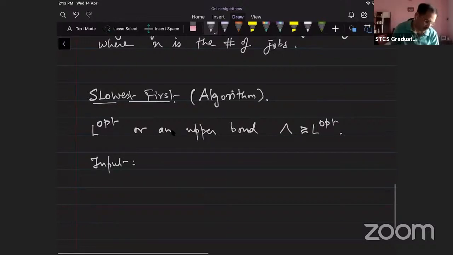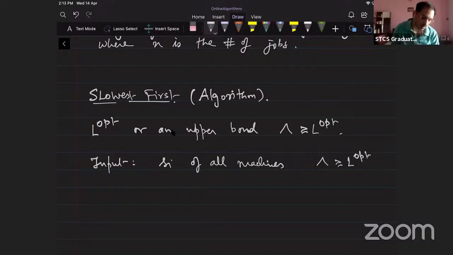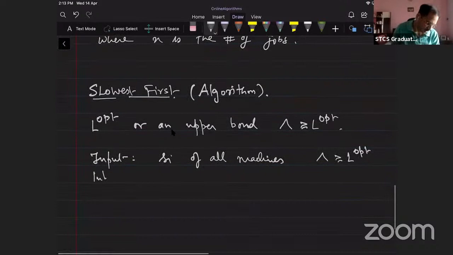So here is an algorithm. Input is the speeds Si of all machines, and delta, which is as much as LOPT. Initialize the load equal to 0 for all machines.